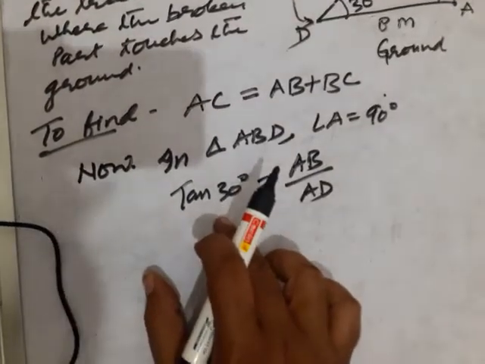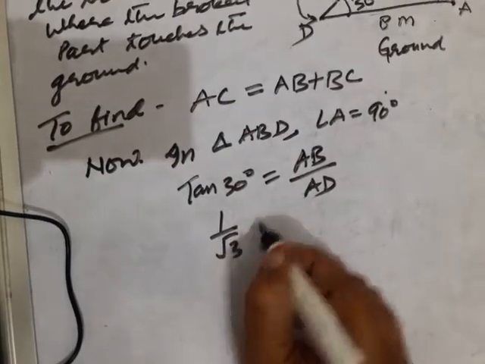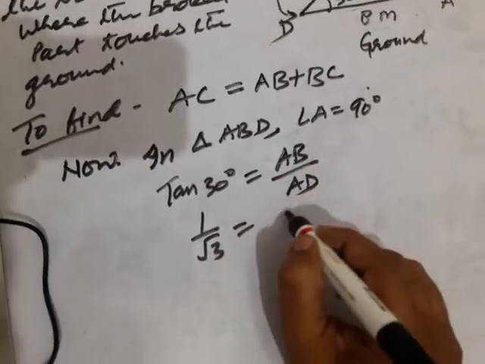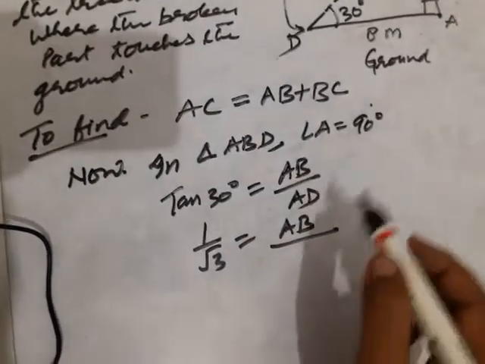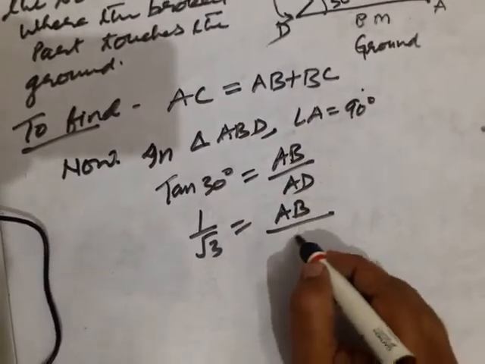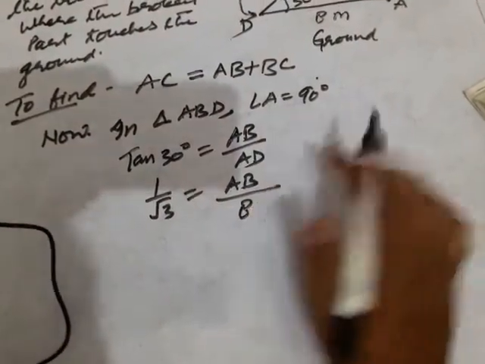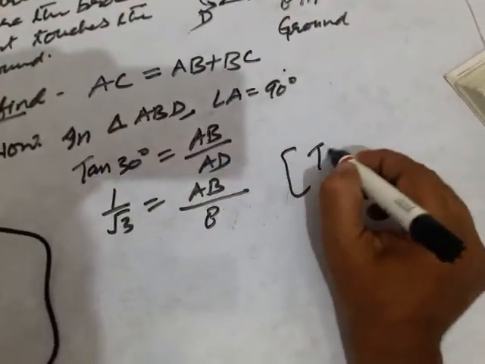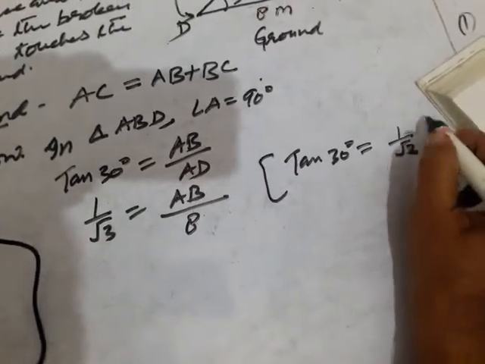Now tan 30 equal to 1 upon root 3 equal to AB upon AD. AB is not given, and AD equal to 8 meters, so 8 only we have to write over here. And here you write down tan 30 equal to 1 upon root 3.